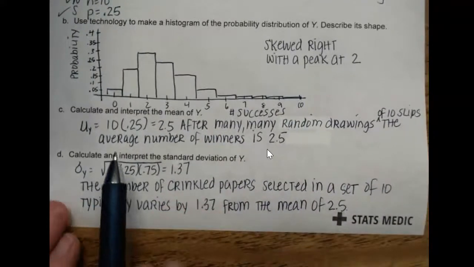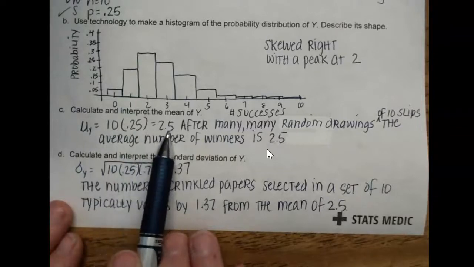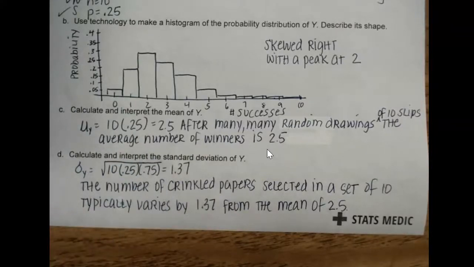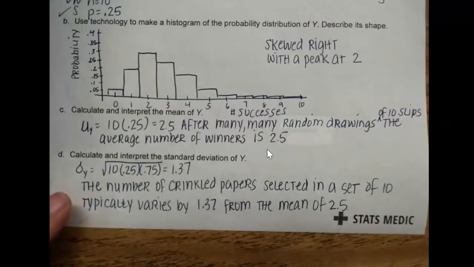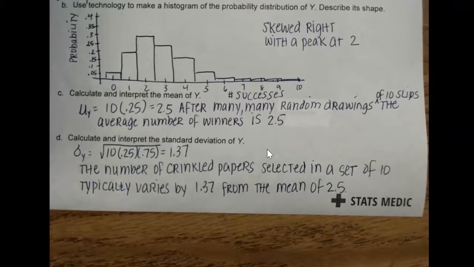All right, to find my mean, I took n times p, so I got 2.5. So after many, many random drawings of 10 slips of paper, the average number of winners is 2.5, or somewhere along there. It's not word for word to our interpretations that I showed you above, but it includes all the pieces.